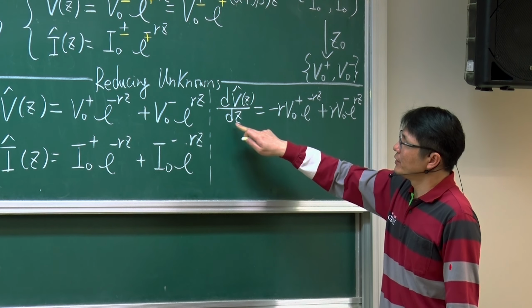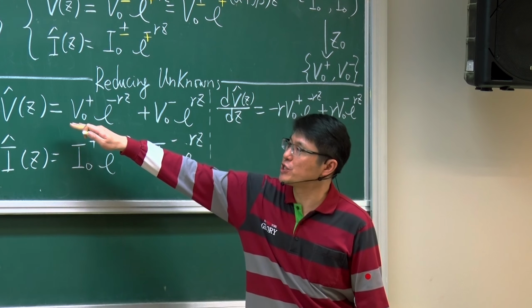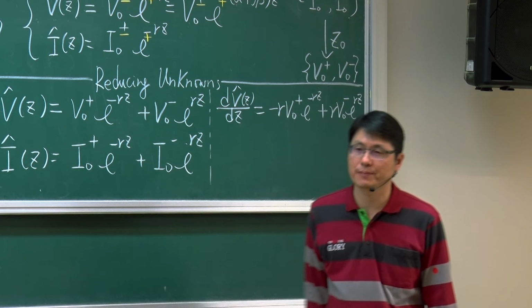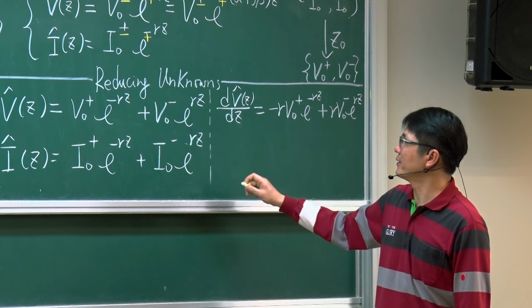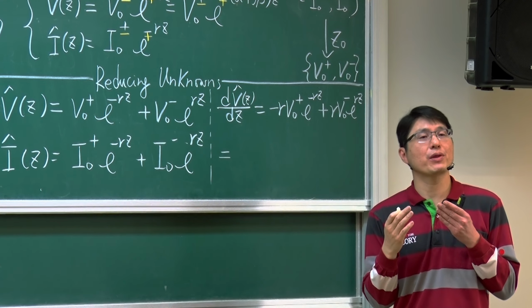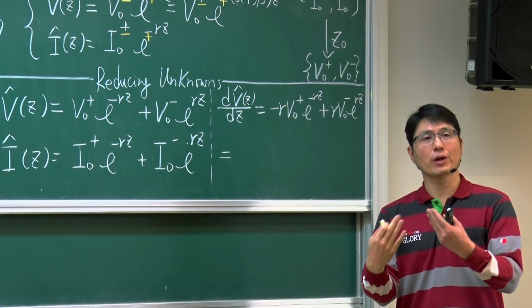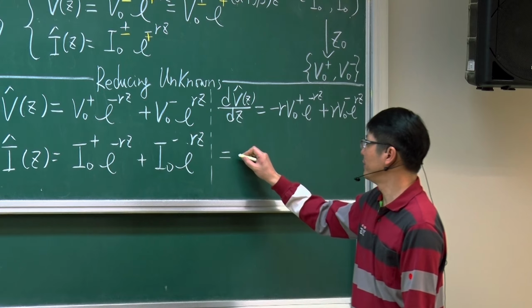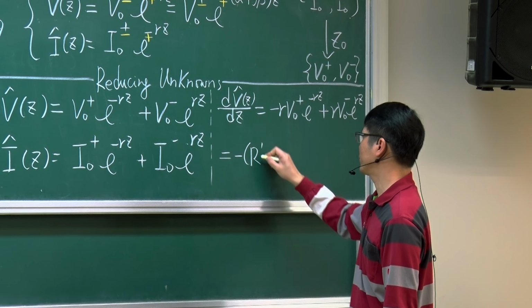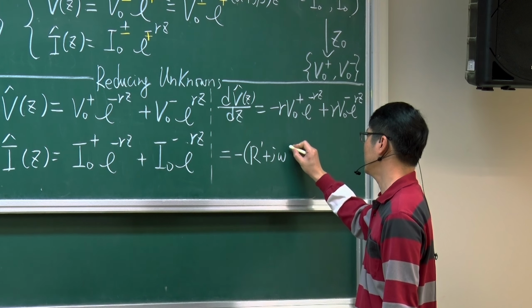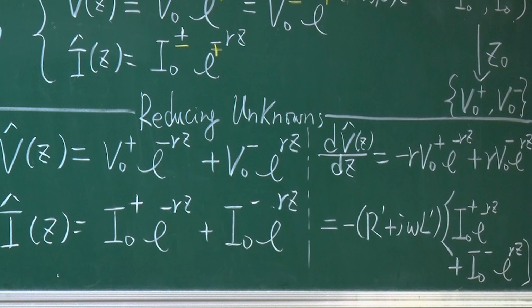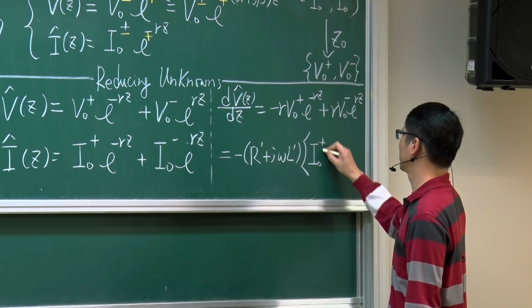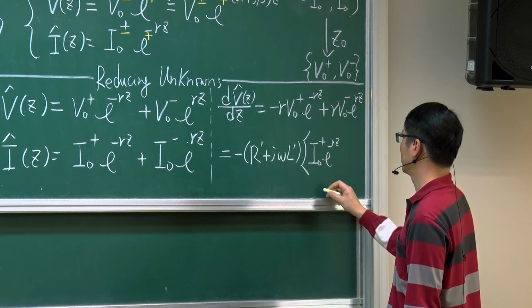So after performing the spatial derivative on the generalized solution form for the voltage, don't ever forget that it is equal to something we already know in the form of current. Negative, right? So let me come back to the equation. Do I have an equation on the PowerPoint? Yeah, this one. So dV/dz equals negative something times current.